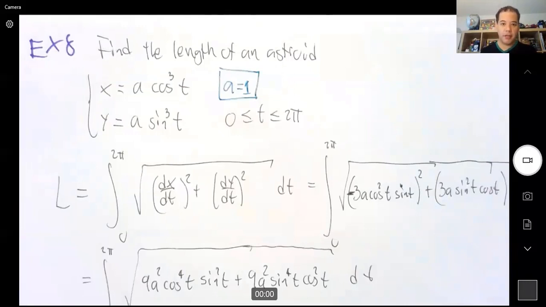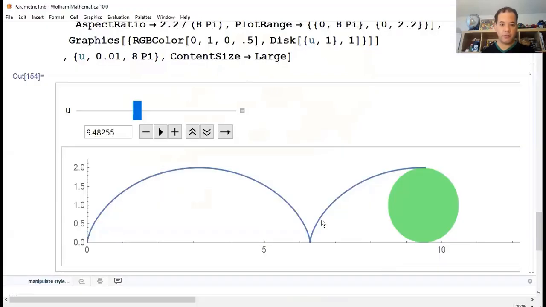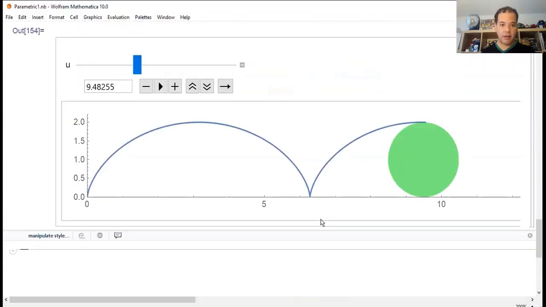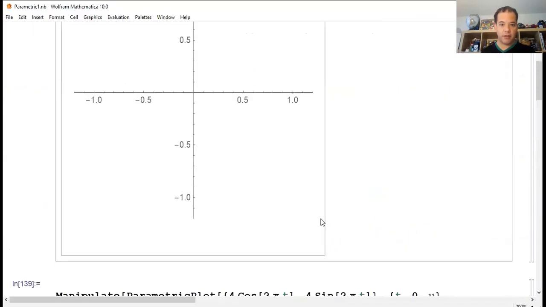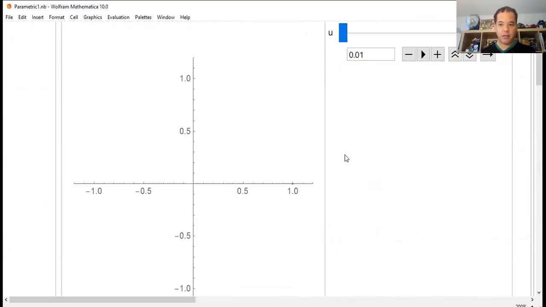So here's a picture of how this asteroid is drawn as a parametric equation that I did in Mathematica. Let me show it to you. So we had done that one before. So here's a description of this asteroid.